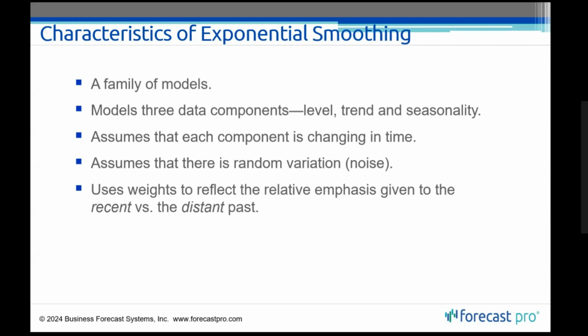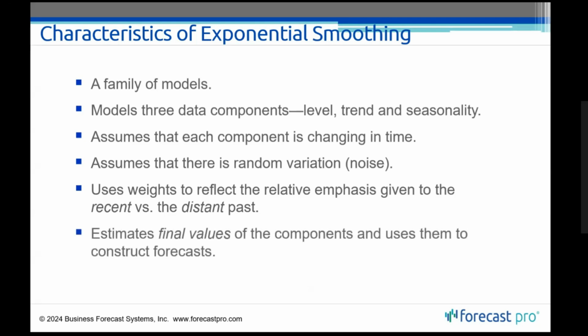So we'll see this in action soon, but this is really the heart of what exponential smoothing does. It tries to understand how much change there is in the data, how much random variation there is, and sort of optimize how much emphasis to give the recent history versus the more distant past. And the way it does that is using these smoothing weights, which we'll explore.